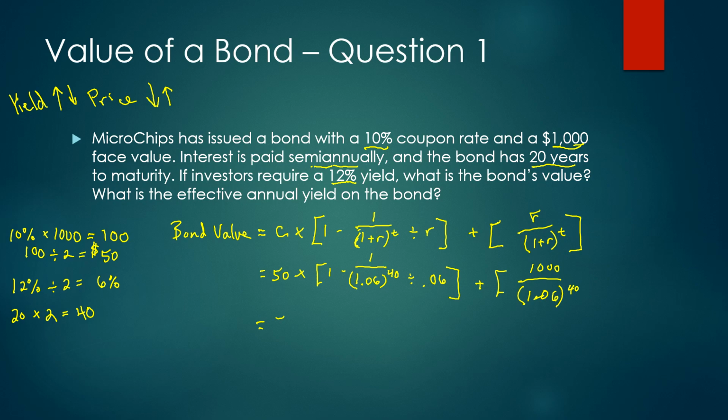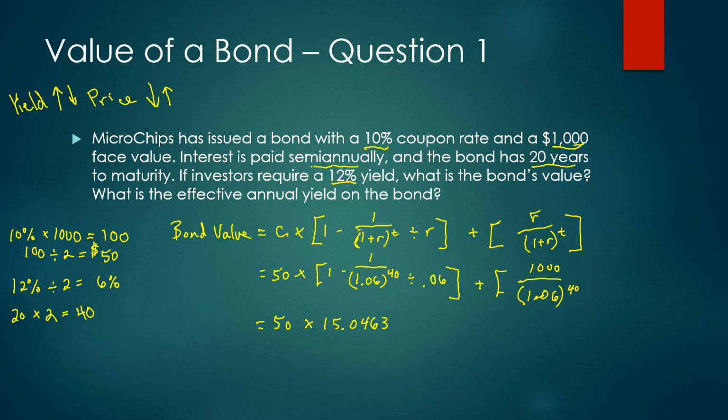So we have $50. And once we do that calculation, we're going to have 15.0463.